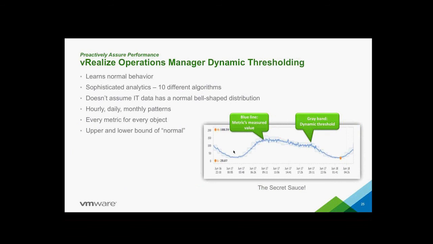Dynamic threshold is a part of the product, which is vROps, and it basically learns the normal behavior of a particular metric, and based on that normal behavior, which it's learned through different algorithms which run hourly, daily, and monthly patterns, this particular data can be utilized by feeding it into DRS.